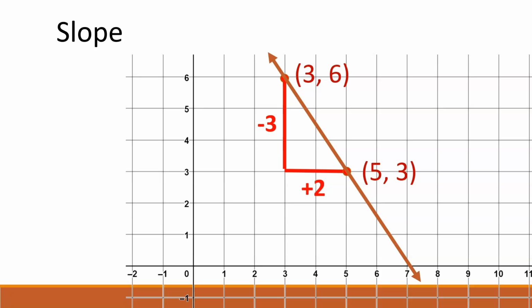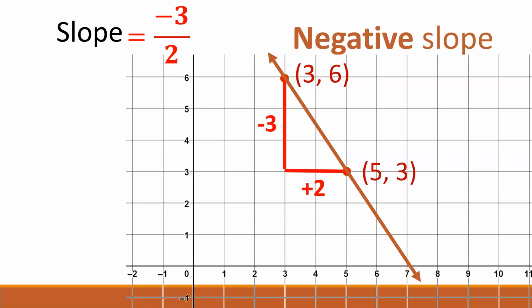And our horizontal change is still positive because we're moving to the right in the positive direction. Our slope then is the vertical change divided by the horizontal change, which is -3/2. You remember we said that if we had a line that looked like it was going downhill, that it would have a negative slope.